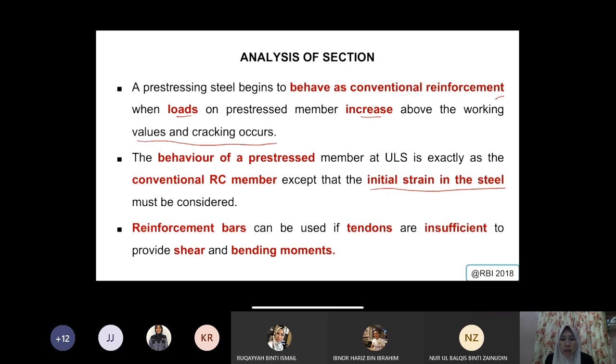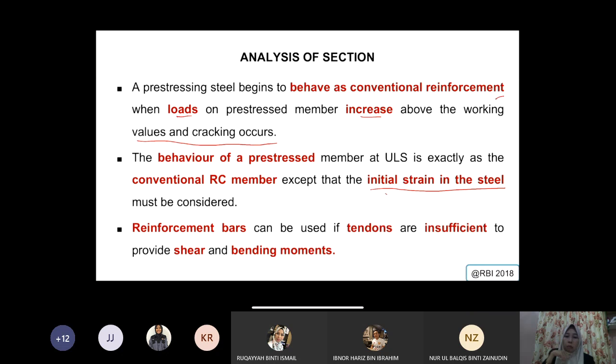Reinforcement bars can be used if tendons are insufficient to provide shear and bending moments. We don't design tendons to cater for any moment, but by applying the tendons, sometimes the tendon alone is sufficient to cater for the moment as well. But there is a condition whereby, having the tendon, you still need additional reinforcement.